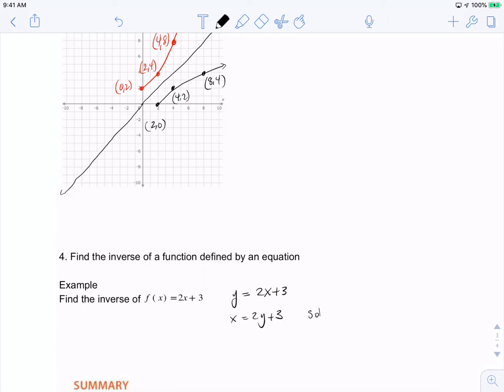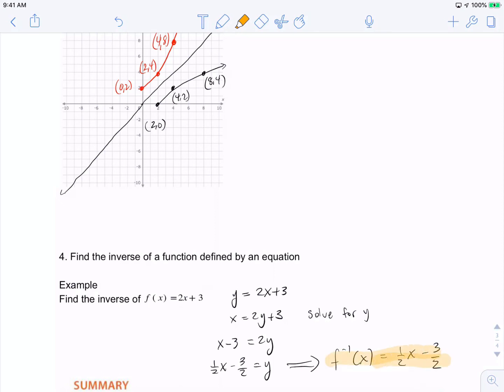So once we've switched x and y, solve for y. So then we're going to get x minus 3 is equal to 2y, and then 1/2 x minus 3 over 2 is equal to y. And then changing it back to function notation, it would be f inverse of x is equal to 1/2 x minus 3 over 2.